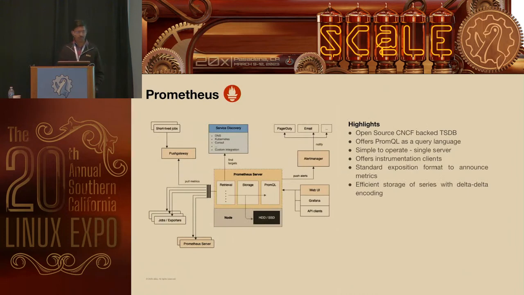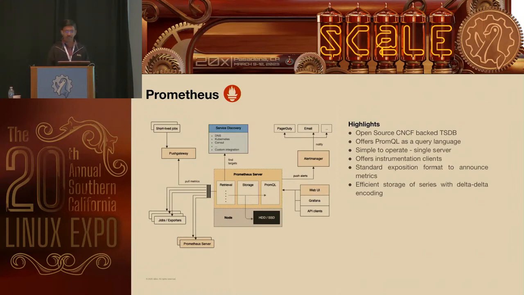So Prometheus, something that we are well aware of, is an open source CNCF-backed time series database. It offers PromQL as a query language, which is more or less a de facto standard at this point in time. It is simple to operate because it's a single server, doesn't try to solve sharding, replication, and whatnot.